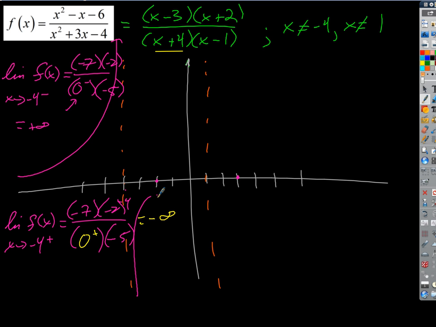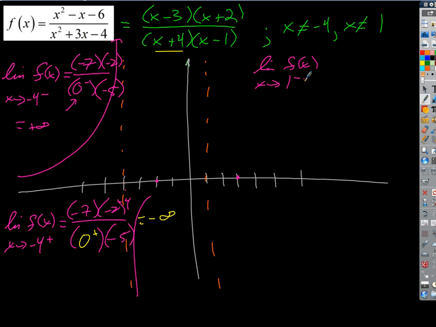So let's just see, as we approach 1 from the left, what are we gonna get? Let's just see if we can power through this one. So what is going to be the limit of f of x as x approaches positive 1 from the left? I'm gonna get, let's count the positives and negatives.